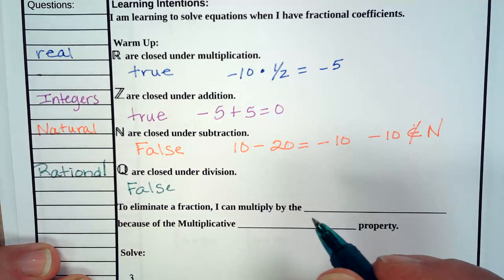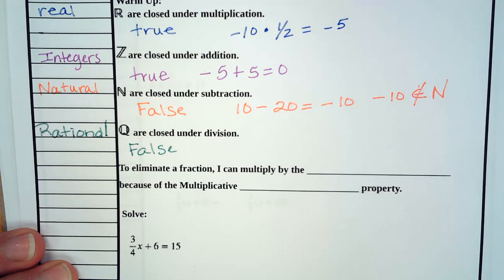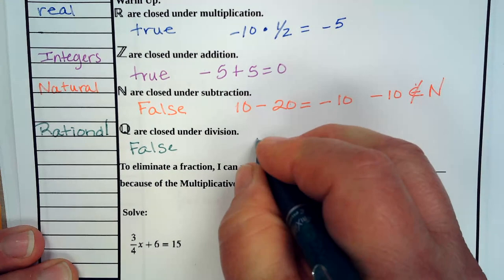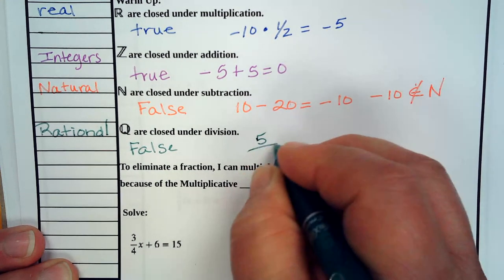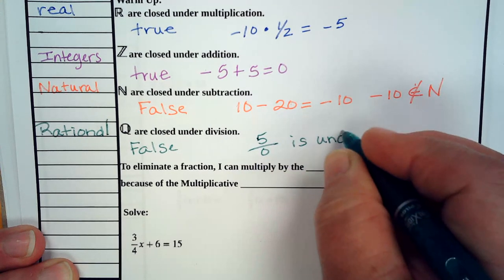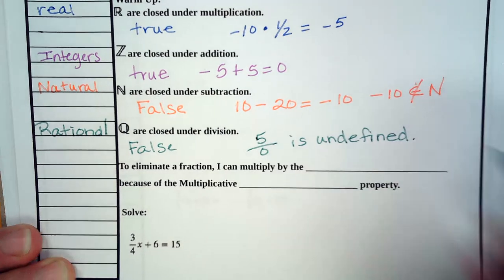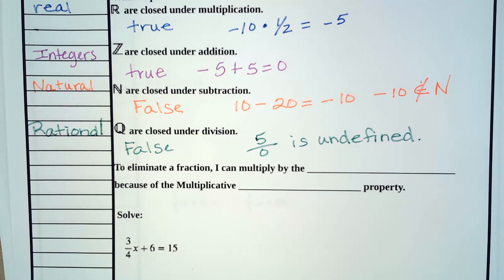Okay, what about 0? Is 0 rational? Yes. Can we divide by 0? No. So we can say that 5 divided by 0 is undefined. Any number divided by 0 is undefined. You cannot have parts of nothing.